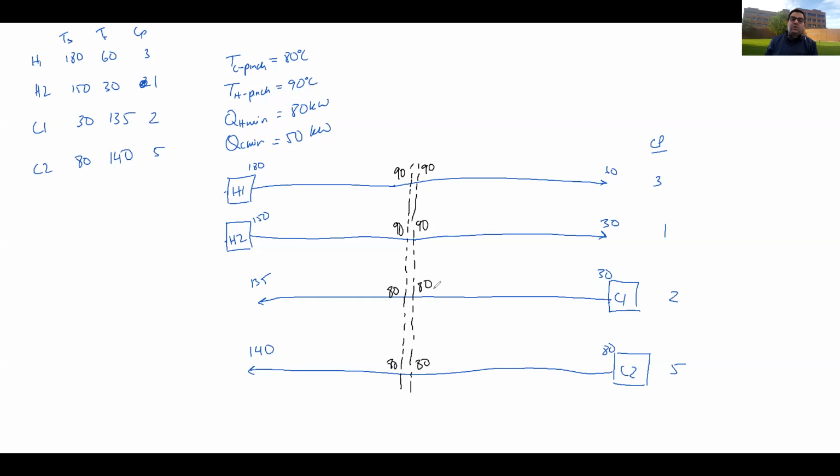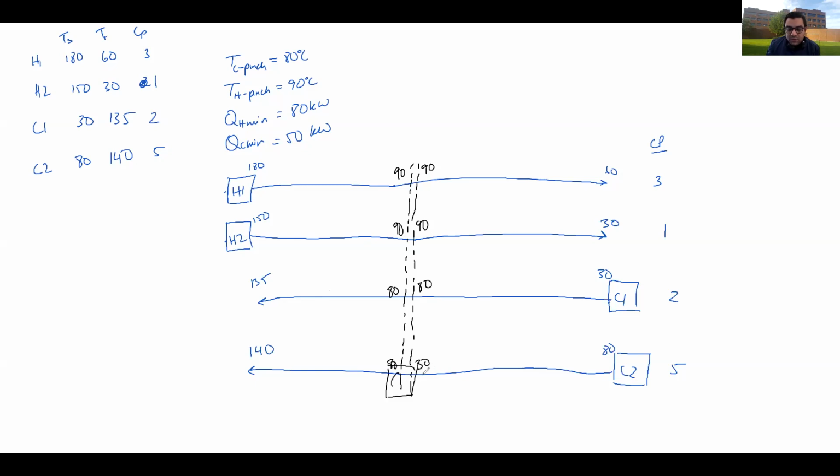And now I'm going to adjust to make sure that the graphical representation is accurate. So 180 to 90, 90 to 60, that's fine. 150 to 90, 90 to 30, fine. 30 to 80, 80 to 135, fine. 80 to 80, no. So C2 does not exist below the pinch.